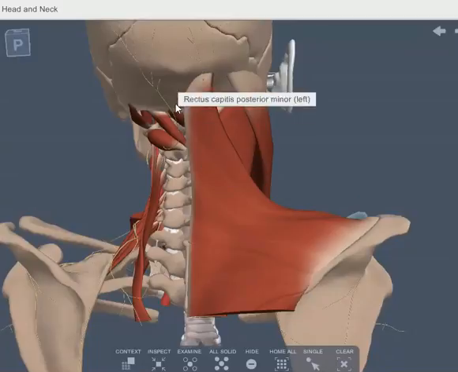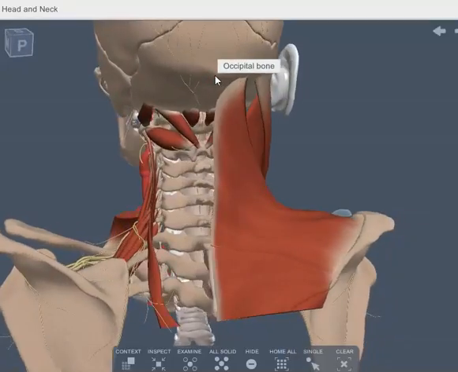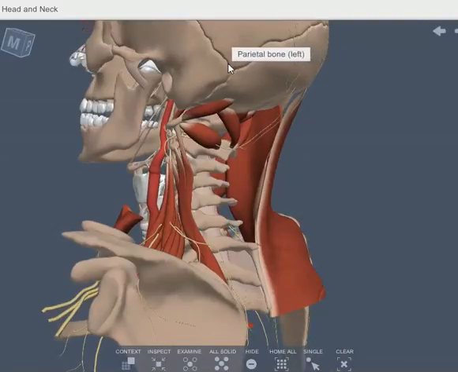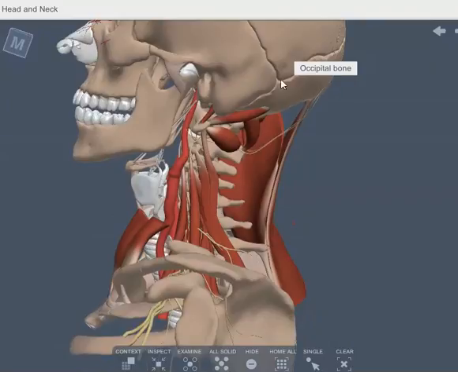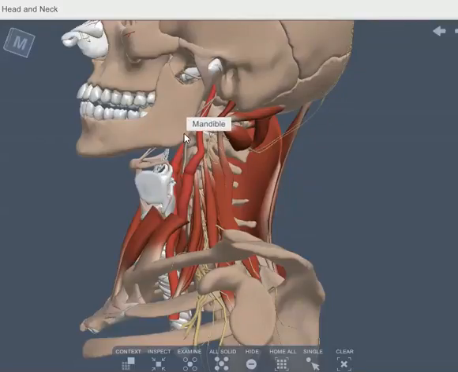As we progress further, what you're going to find is that you're going to need a system in order to be able to palpate these different areas. So you're going to go from the external occipital protuberance across the occipital bone onto the temporal bone, past upper trap and sternocleidomastoid. You're going to find the mastoid process. A key landmark is to find the mastoid process and the angle at the mandible.